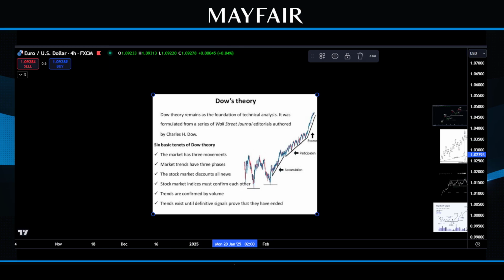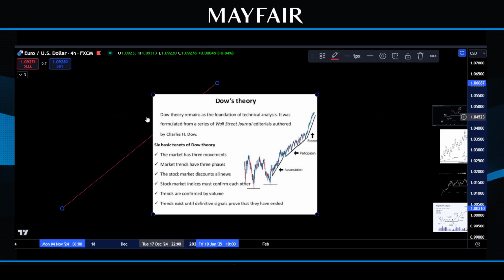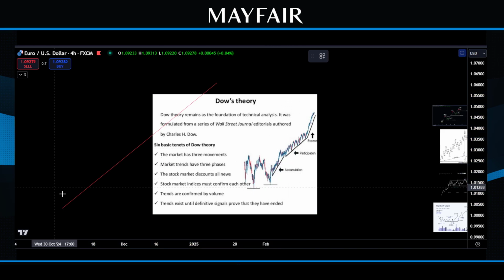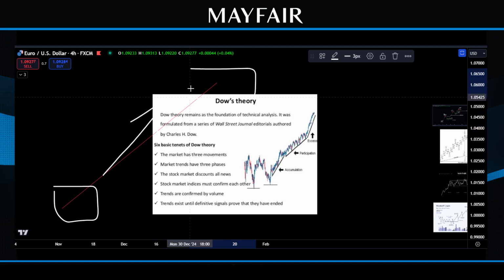Movement number one is basically this: you have an accumulation at the bottom, you have the markup phase, and you have the distribution. I'll talk about this in more depth in my next image.